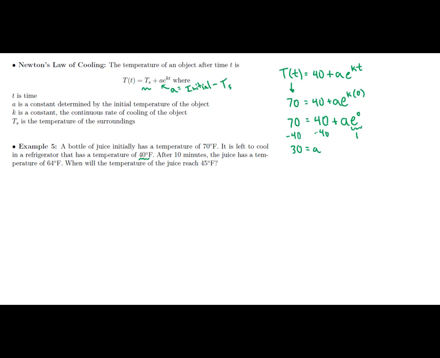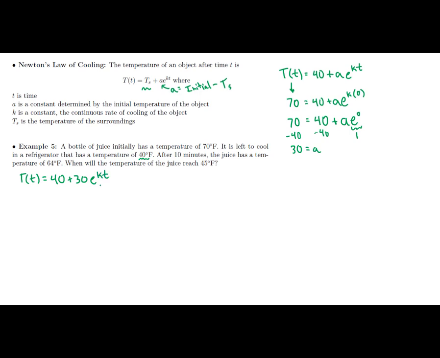And then you wouldn't necessarily have to do this every single time. But at any rate, we know now that that's 30, so updating where we're at, the function is T of t is equal to 40 plus 30 e to the kt.